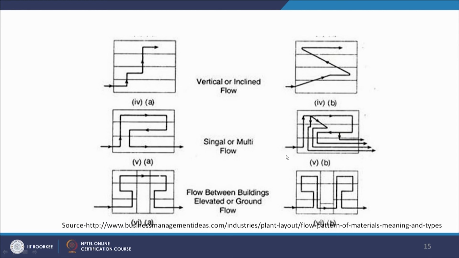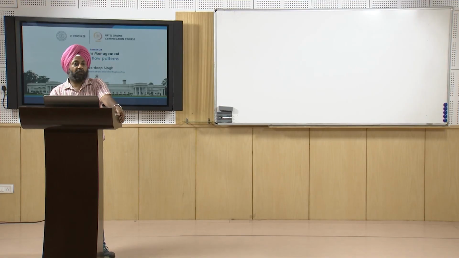So we can see that the material may not flow on a horizontal floor only, it may flow in the vertical direction also across the various floors of the building of an organization. With this we come to the end of today's session.